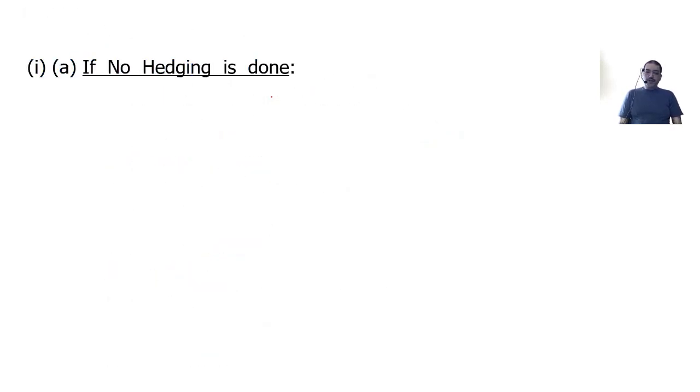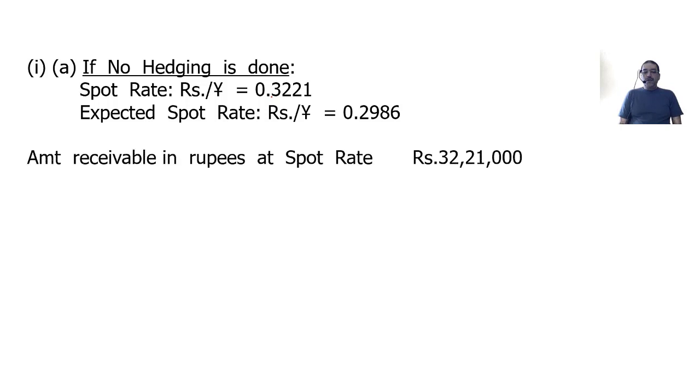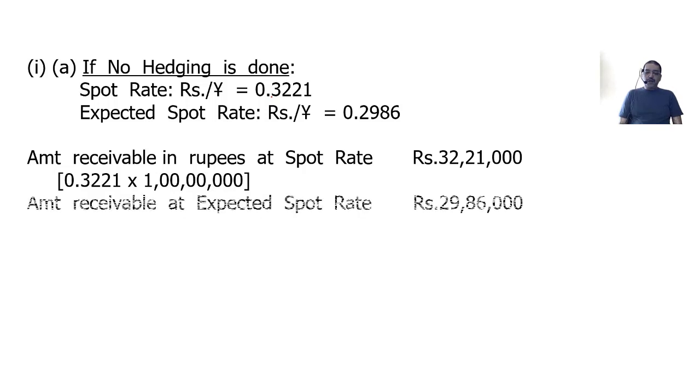If no hedging is done, two rates: spot rate rupees to yen 0.3221, expected spot rate rupees to yen 0.2986. Amount receivable in rupees at spot rate is 1 crore multiplied by the rate, and at expected spot rate it would be 1 crore into 0.2986.